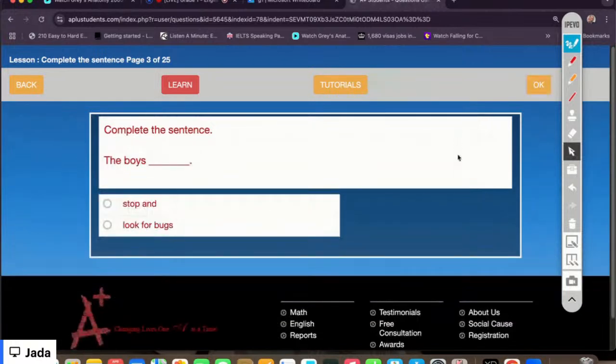Okay. The boys dash. The boys stops, or the boys look for bugs.